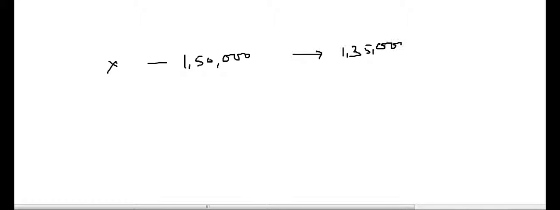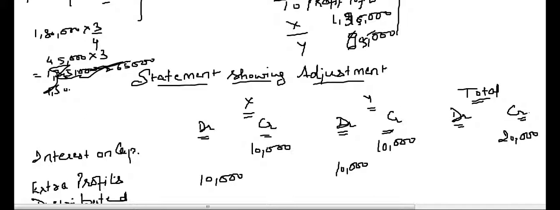Now if I talk of X, was paid 1,50,000. He should have been paid 1,35,000. Right? That means he is paid 15,000 extra. Y is paid 50,000. One second.